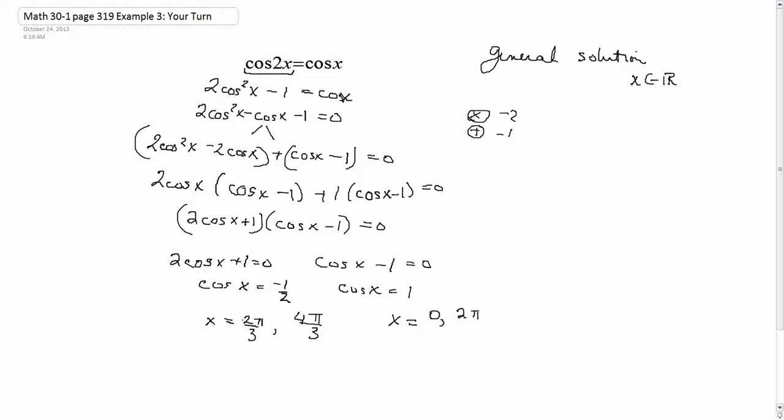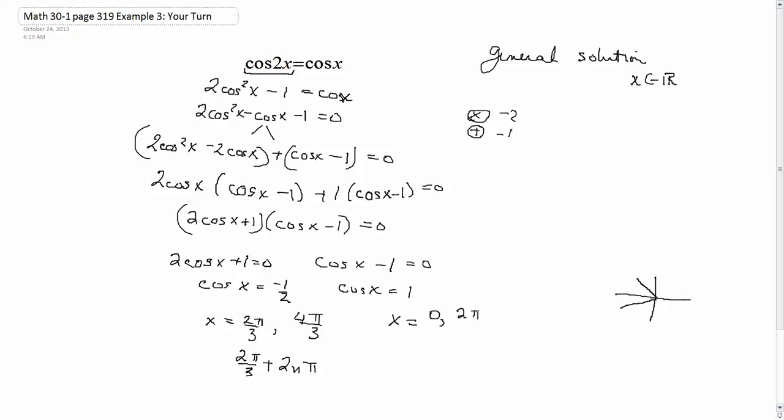So if we think about our unit circle for 2 pi over 3 and 4 pi over 3, we can see that there isn't a 90 degrees and we don't continue to add 90 degrees to it. We're going to have to write these two separately for our general solution. So we have 2 pi over 3 plus 2n pi.